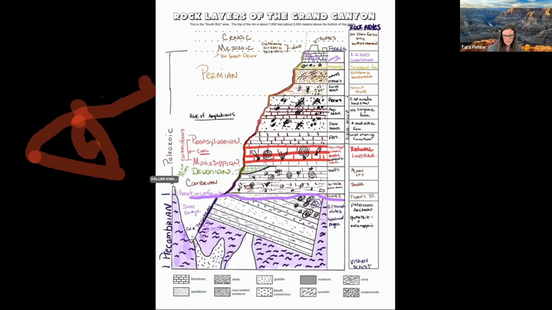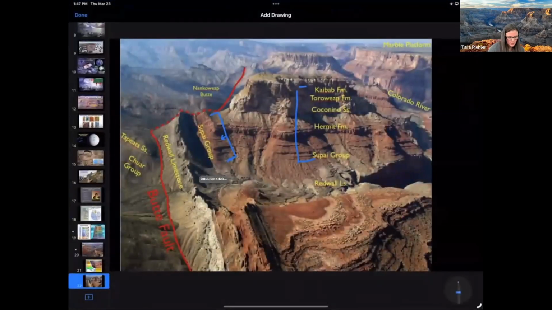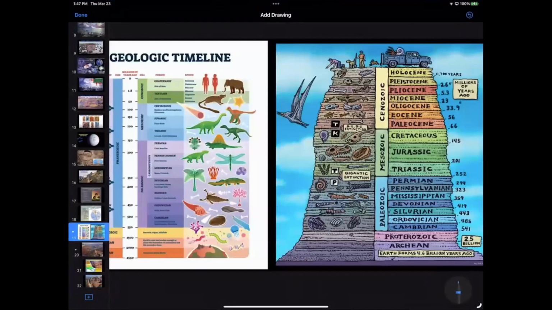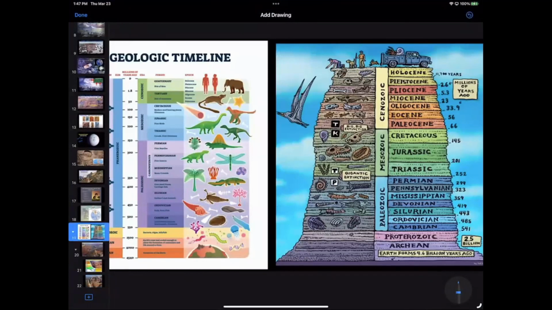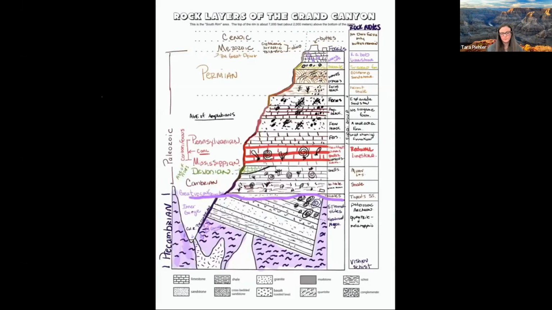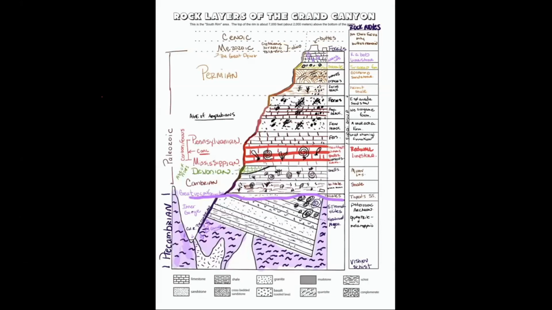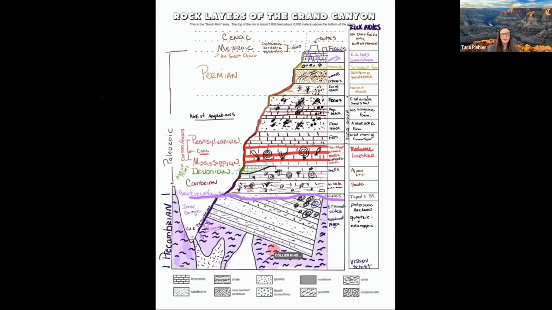It's missing the Ordovician, right after the Cambrian, so the early bony fish, and the Silurian, the earliest land animals. Those two right after the Cambrian period. They have a couple YouTubes on that mystery as well.